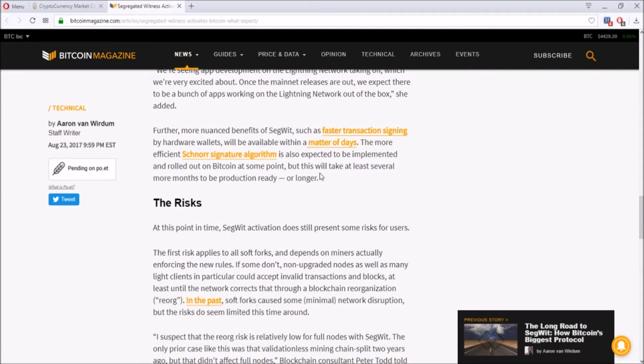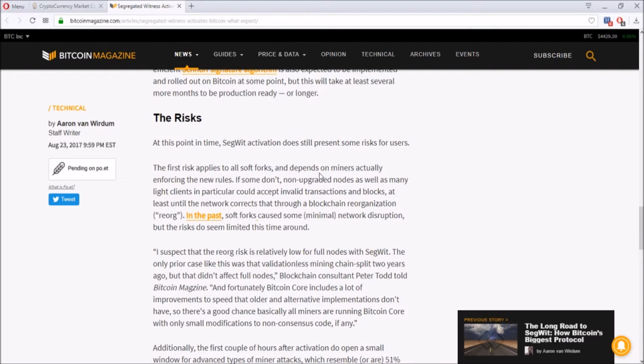But let's look at the risk of Segwit activation for now. As I said, Segwit is a soft fork. It creates some changes to Bitcoin, but it's not a crucial, drastic change. It's just minimal changes that might have to be adjusted to by everyone. The first risk of any soft fork is that it depends on the miners actually enforcing the new rules.